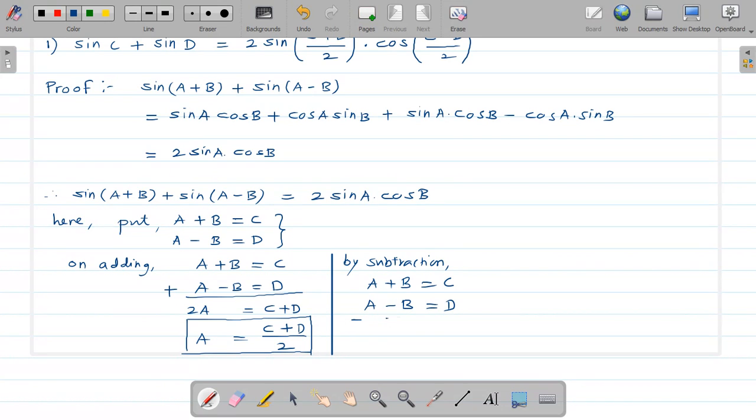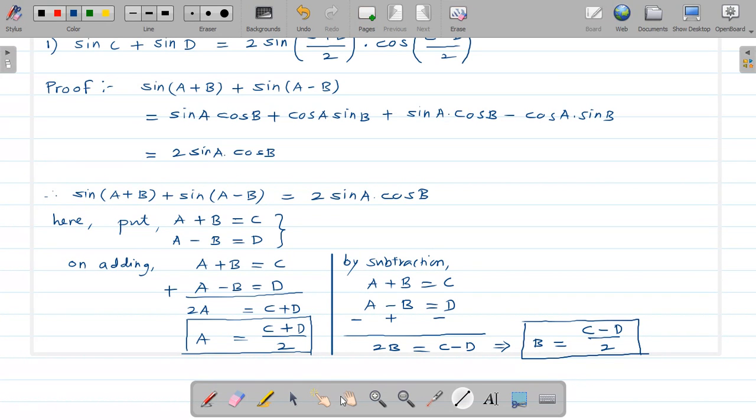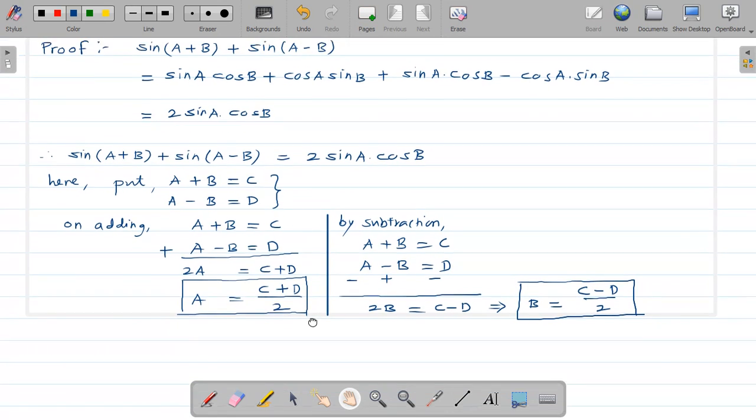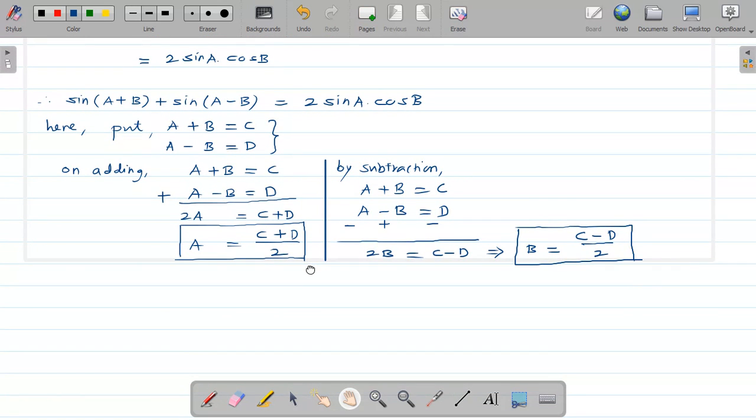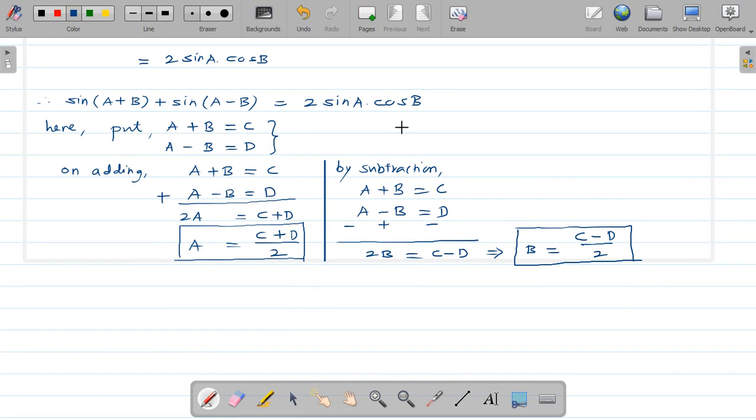This is minus, this is plus, this is minus, and hence A will get cancelled and you will get 2B is equal to C minus D. That implies B is equal to (C minus D) upon 2. So you always remember that if you consider A plus B is equal to C and A minus B is equal to D, then we get the value of A is equal to (C plus D) upon 2 and the value of B is equal to (C minus D) upon 2.